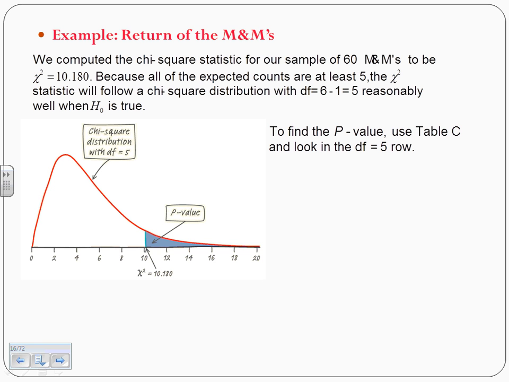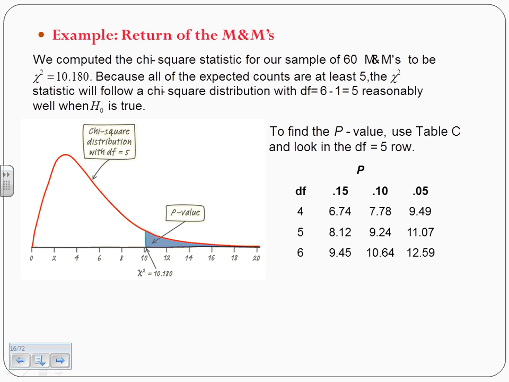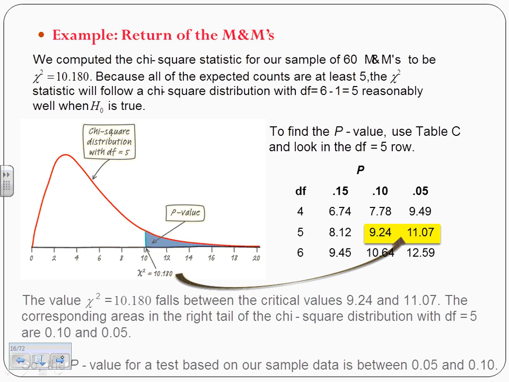So we're going to go into our table, under the chi-squared table. I think that's table C. We're going to look in the degrees of freedom row of 5, the 6 minus 1, and we're going to find our chi-squared statistic. So here it's going to be between the 9.24 and the 11.07 because we had a 10.10 or 10.18.